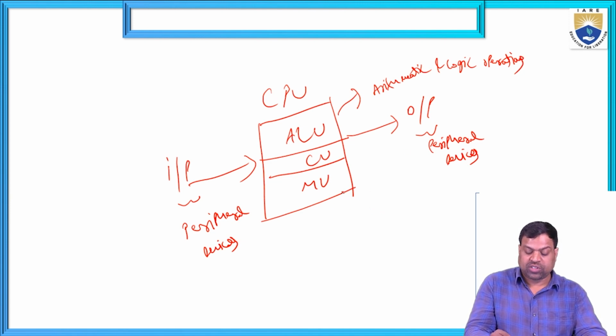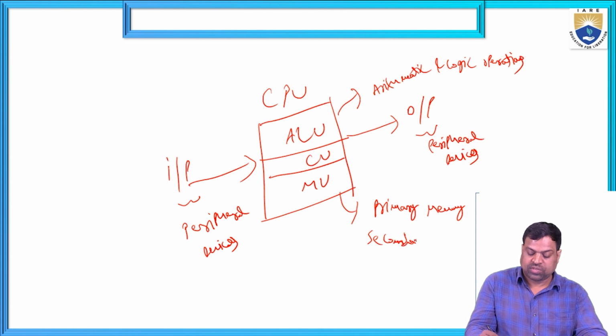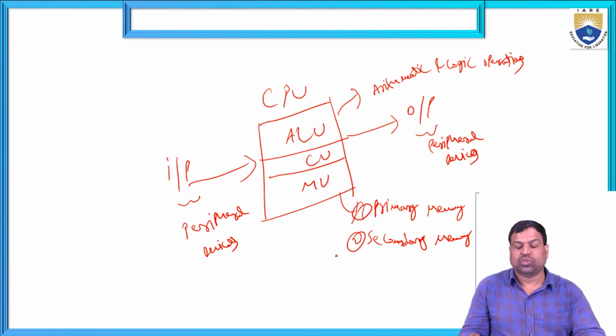The memory unit consists of primary memory and secondary memory. These two are connected to the memory unit.